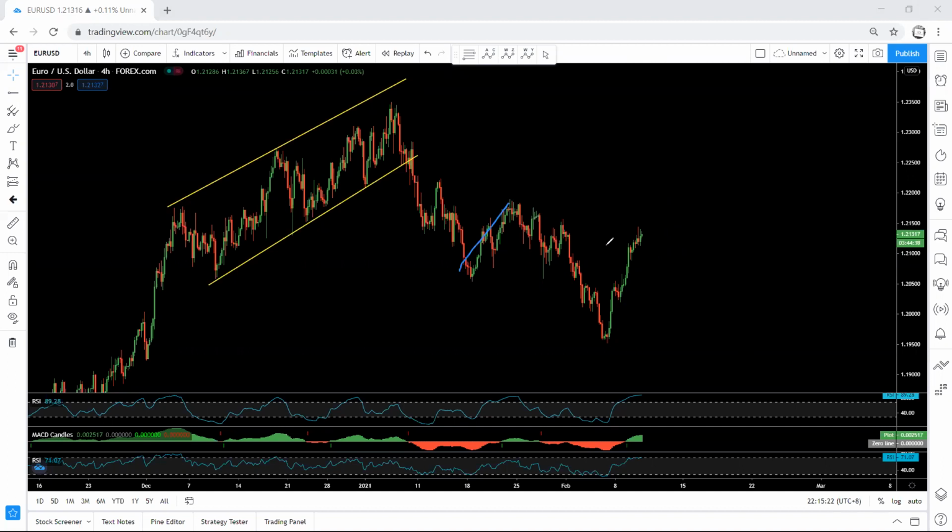Because we want to see this one relative to this. And looking at this correction, the question is whether it's a running flat, whether from here or higher the price can drop, or even the price can come and take this high, becoming expanding, before we get the down move.